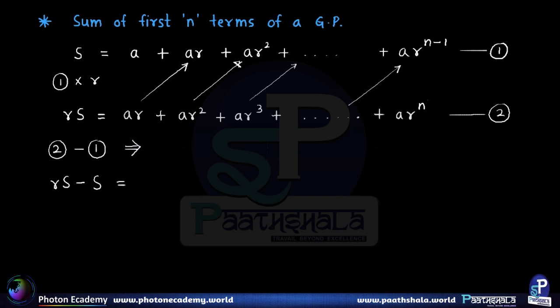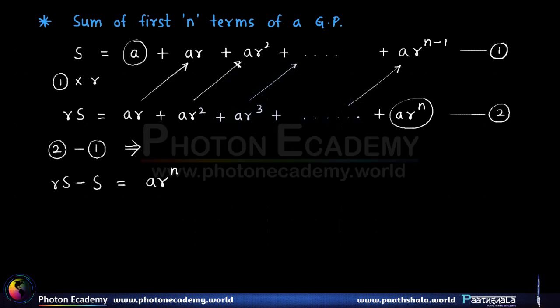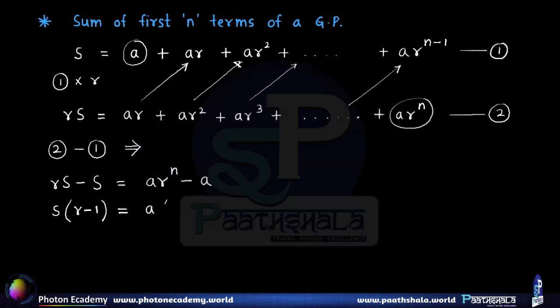So the only term that remains is AR raised to n on the right hand side, and from that, this one A which was in the beginning will get subtracted. Right, all the terms in between will get cancelled. So taking S common we have R minus 1 on the left hand side, and on the right hand side taking A common we have R raised to n minus 1.